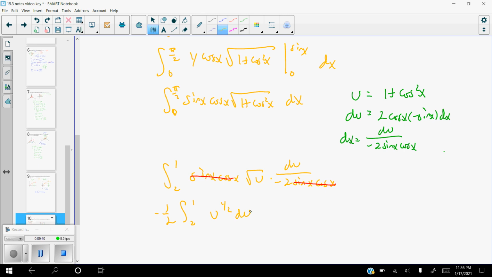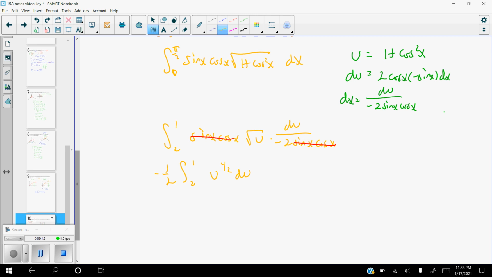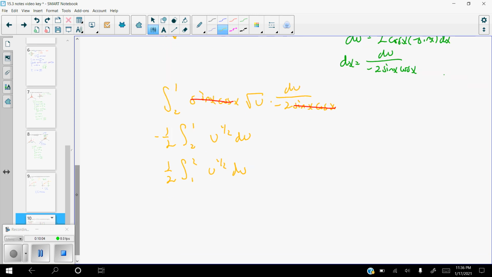I'm going to go ahead and switch the bounds of integration, literally flip them, because remember that if you have a negative out in the front, you can switch the bounds by making the whole thing negative, basically multiplying by an extra negative 1. So now it's going to become 1/2 the integral from 1 to 2 of u to the 1/2 du. That's just a property of integration.